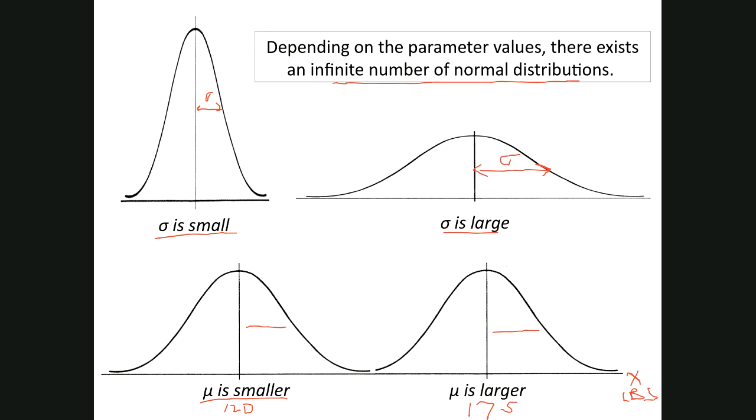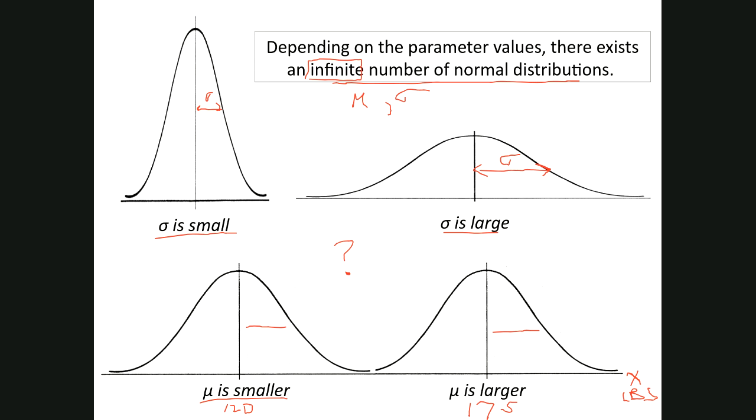So again, putting all these together, depending on the values of your mean and standard deviation, that creates potentially an infinite number of normal probability distributions. So then the question is how do we deal with that, since there's an infinite number?